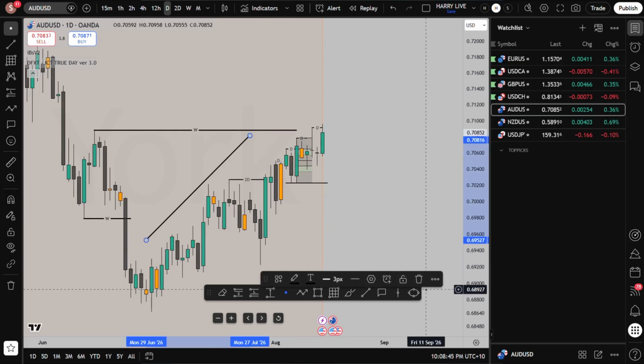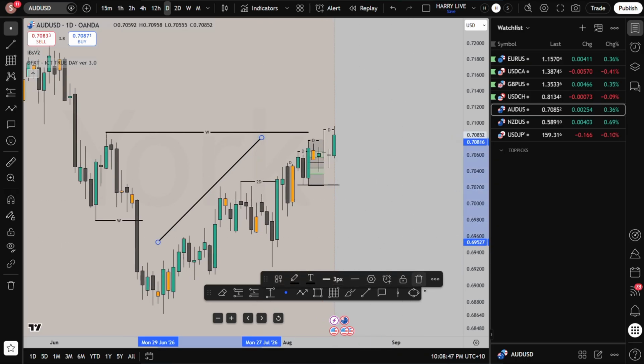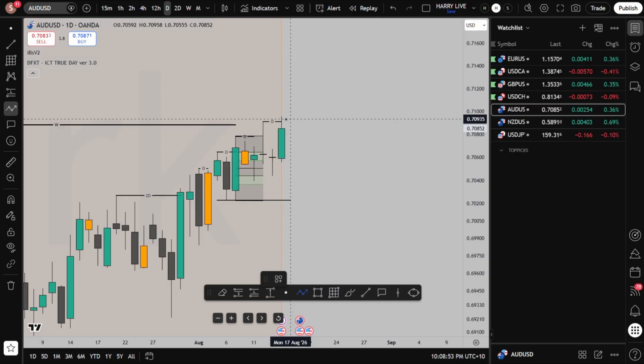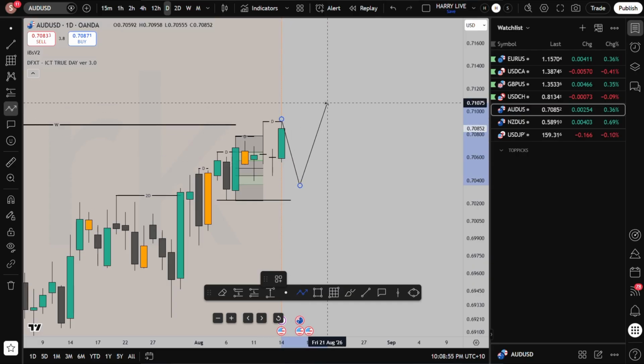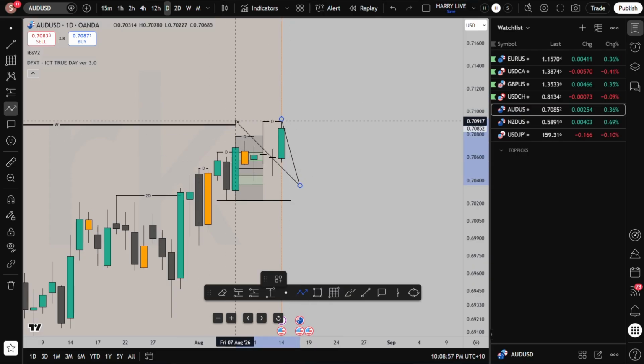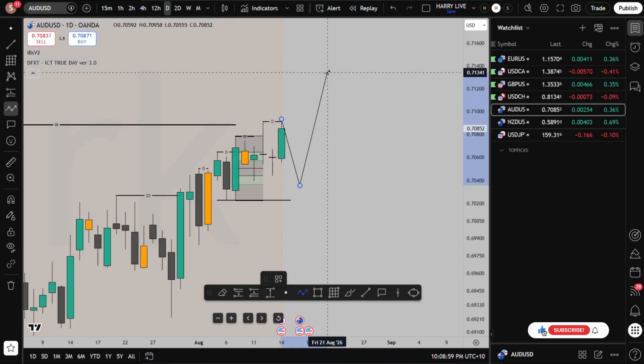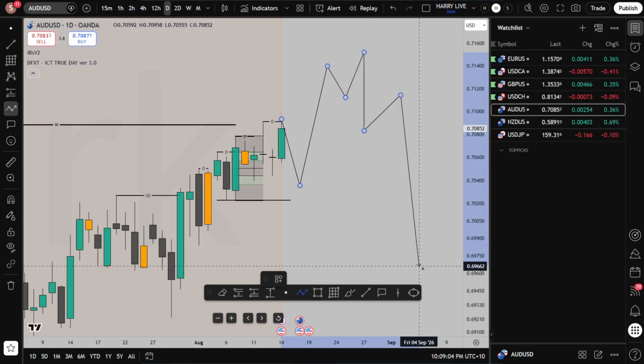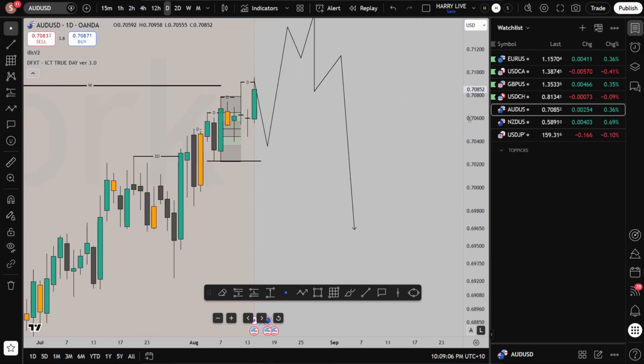So we can actually still continue with this move to the upside, or if we break this weekly next week, we can actually get a pullback, something like this, on the bigger picture on the weekly as well.